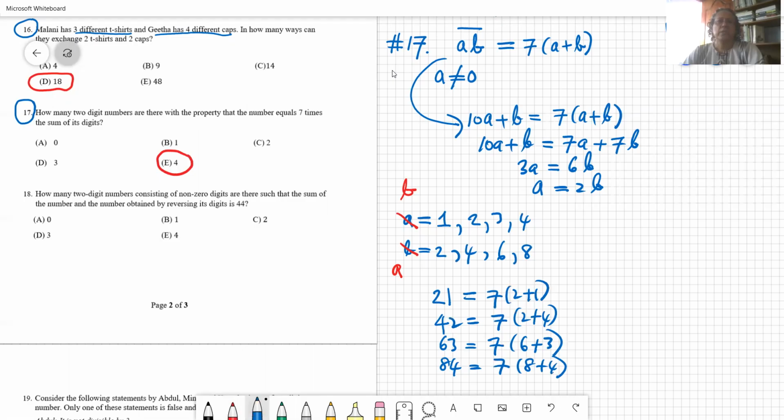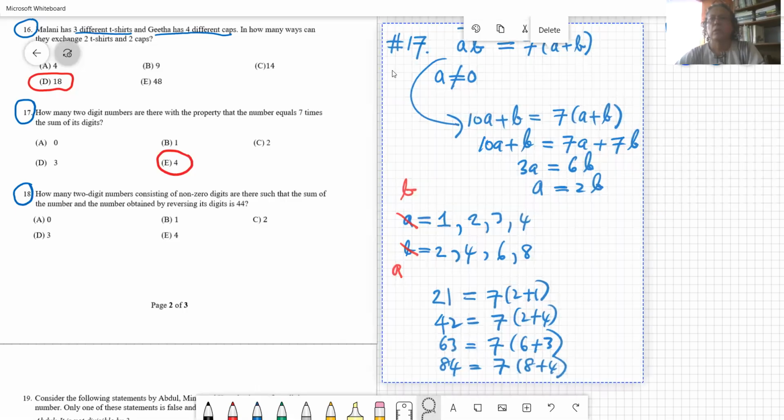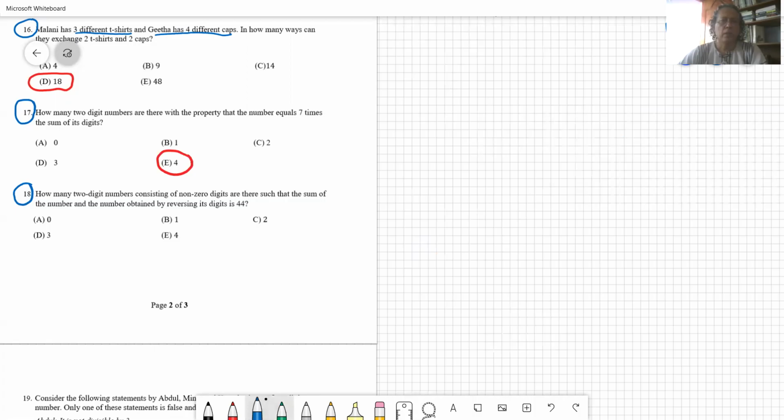Right. So let's move on to 18. So let me get rid of this. How many two-digit numbers consisting of non-zero digits are there such that the sum of the number and the number obtained by reversing its digits is 44?